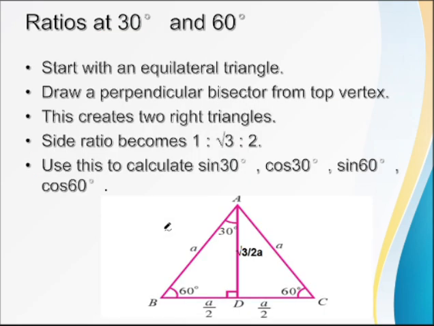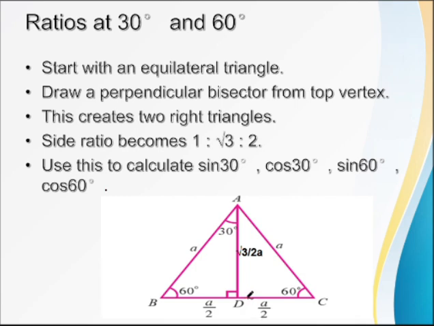Next we have ratios at 30 degrees and 60 degrees. For deriving these ratios, we have to start with an equilateral triangle with side A. Now we have to draw a perpendicular bisector from the top vertex to BC.